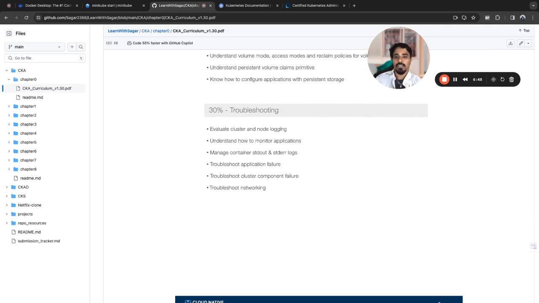Here we will discuss different logging, cluster-level logging, node-level logging, how to monitor your application, how to check the different logs, how to troubleshoot applications, and how to troubleshoot different Kubernetes cluster components and networking components.